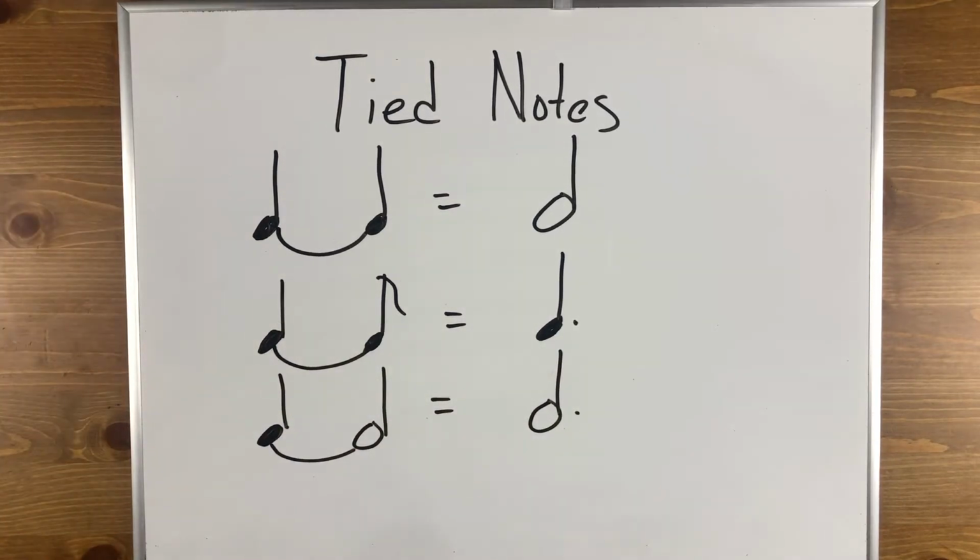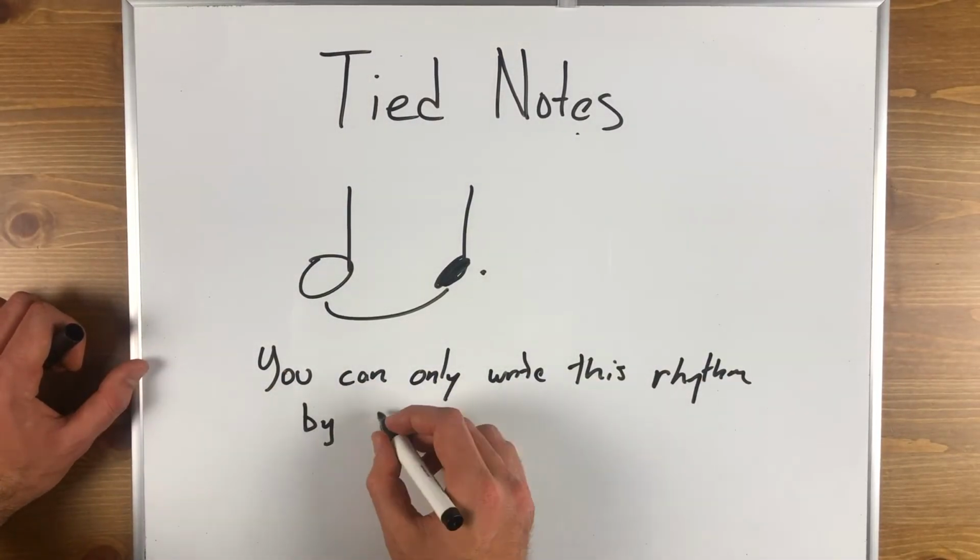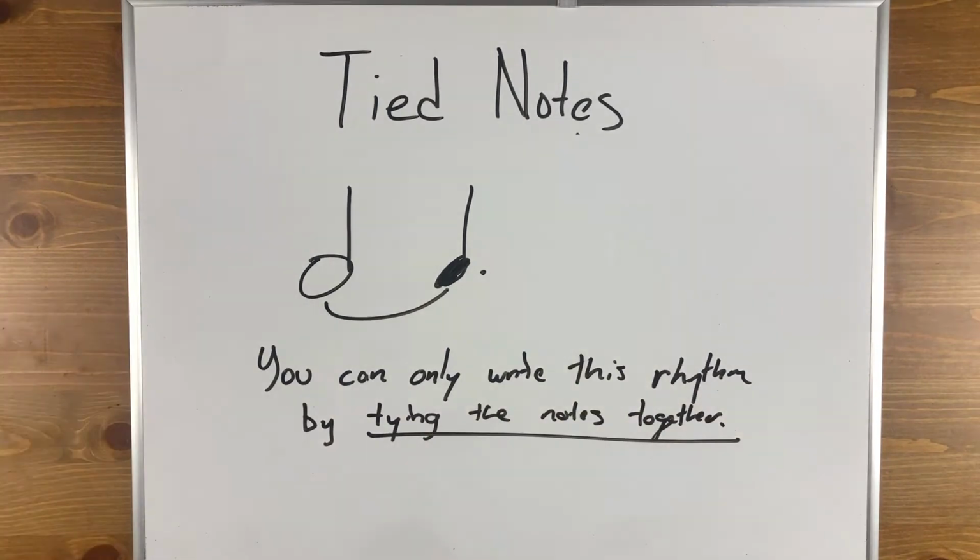Now, there's many different reasons why you might use ties, and I'll talk about that more in a second, but it's very common to see different notes that are tied together so that we can hold them out for a very specific amount of time. For example, you might see a half note tied to a dotted quarter note, which there is no other way to write that exact same rhythm.